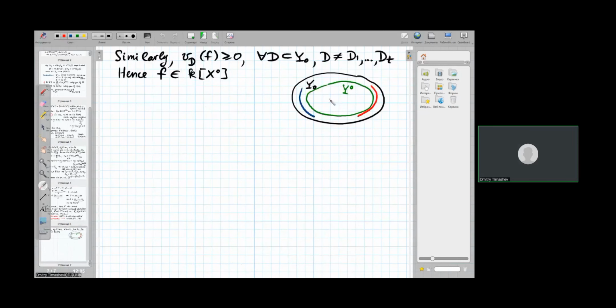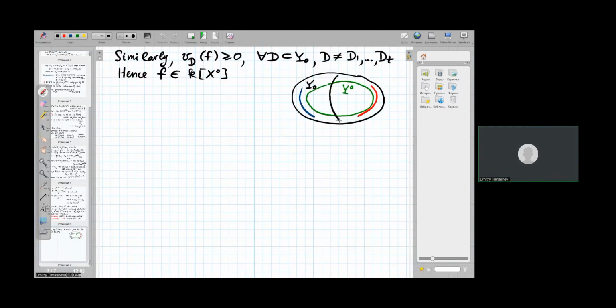But anyway, what I want to say is that if a divisor intersects Y naught, then the order of f along the divisor is not negative.